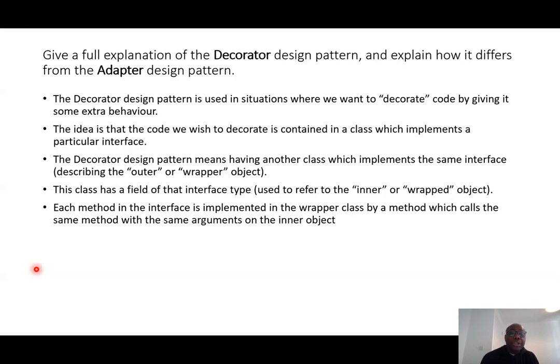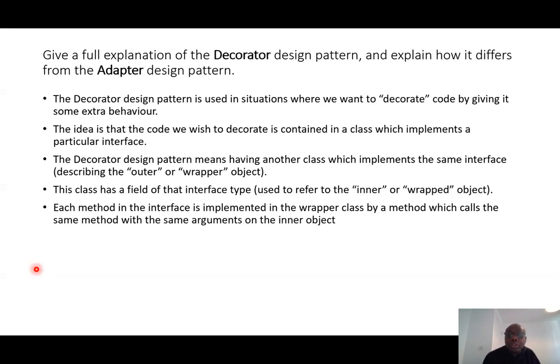Each method in the interface is implemented in the wrapper class by a method which calls the same method with the same argument on the inner object. So each method in the interface is implemented in the wrapper class, which is the outside part.